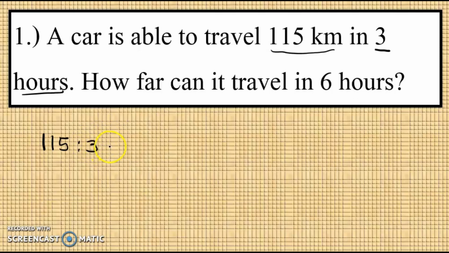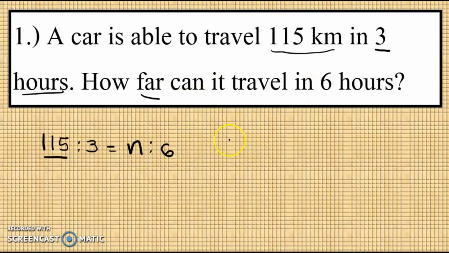Now, the next question is, how far can it travel in 6 hours? So, the distance is what is missing now. Since this is the distance, the missing one should also be distance. So that is n, which comes first, is to 6 hours.